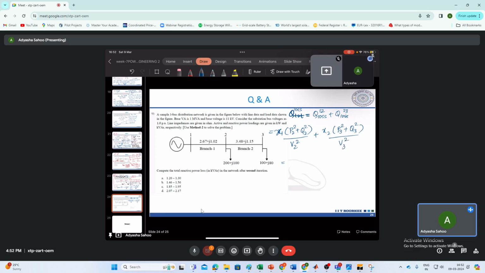So substituting all these values, that is second iteration values for V, you will get final answer as 1.26 kVAR. So that will be option A.